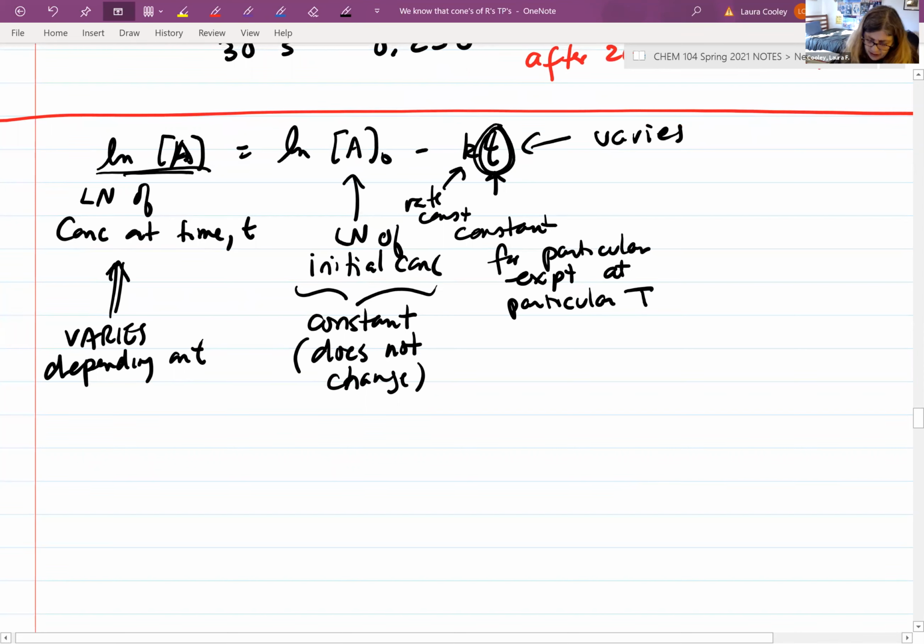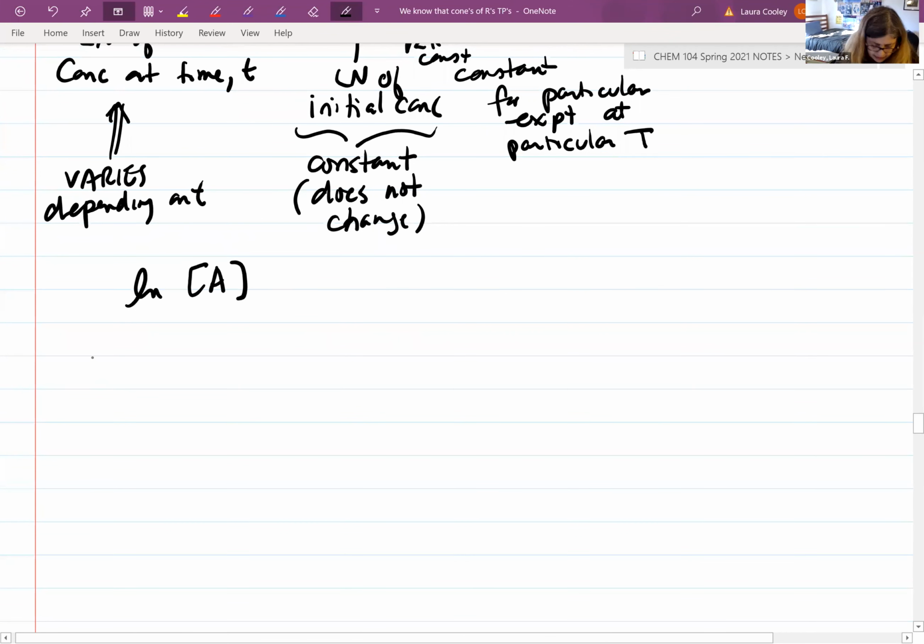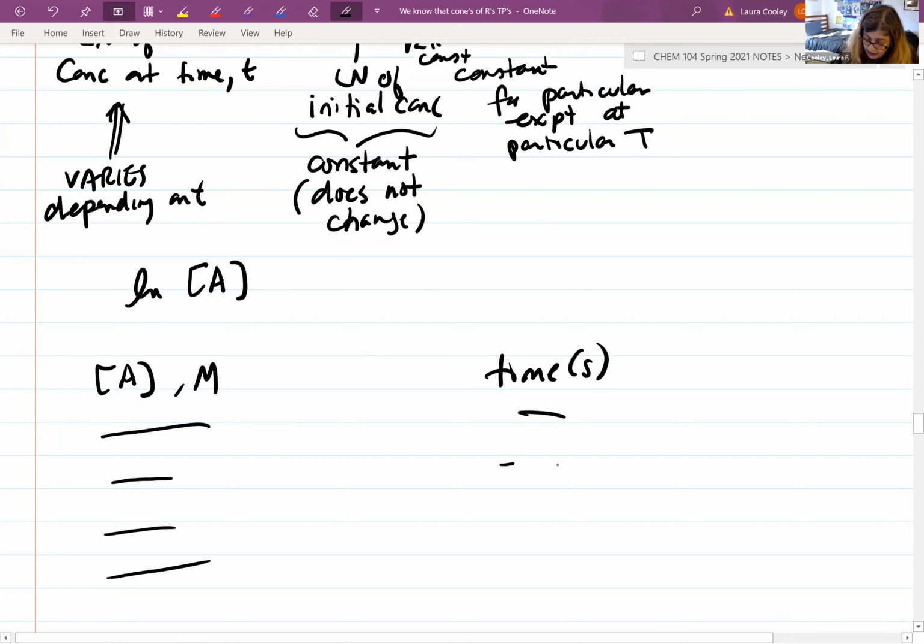So what we have here is a situation where if we plotted the log of A at certain times, so let's suppose we had data. Okay, we had the concentration of A in molarity units. And let's say we also knew the time in seconds, and say we know a bunch of molarities at a bunch of different times.